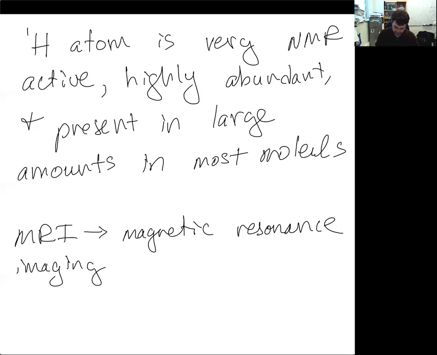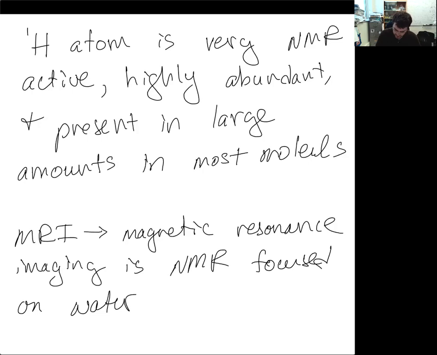But magnetic resonance imaging is NMR focused on water. And what about the water? It's the 1H atoms in the water. It uses the exact same technology engineered to look at things and report data differently so that we can figure out what's going on with somebody's spleen or something without having to cut them open.